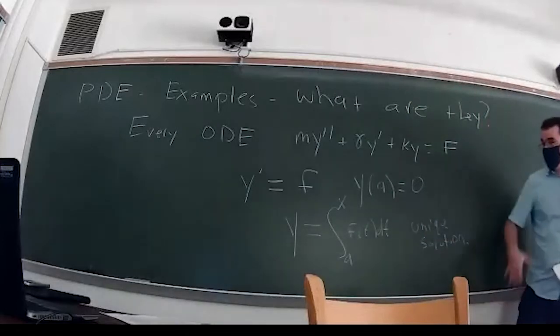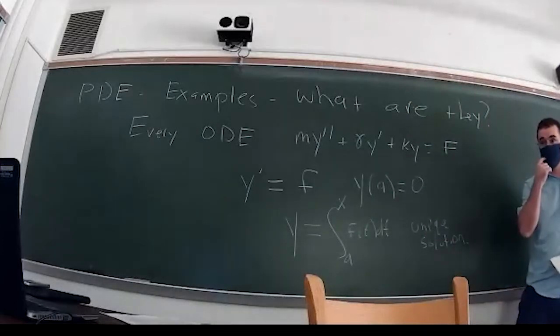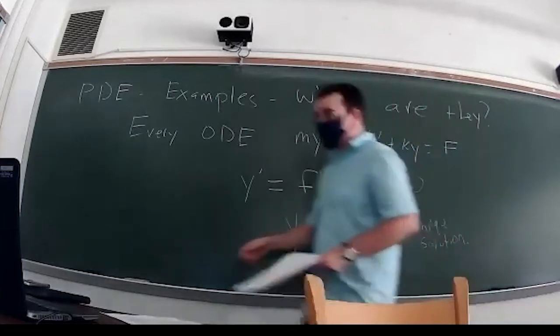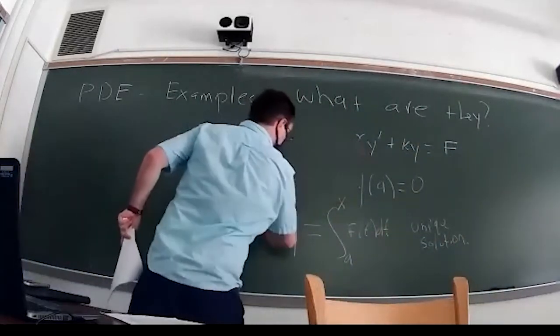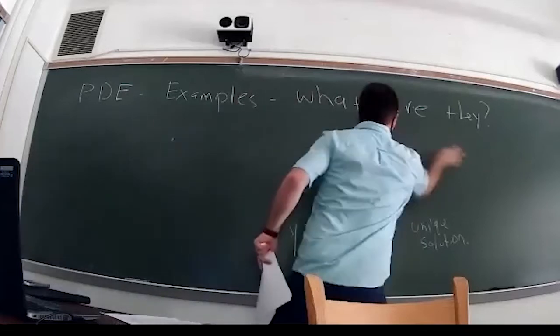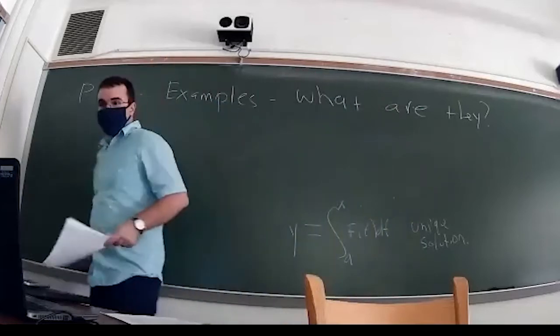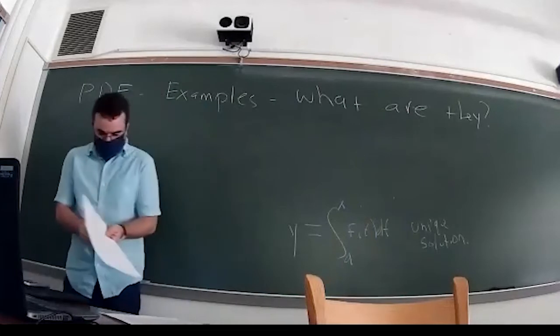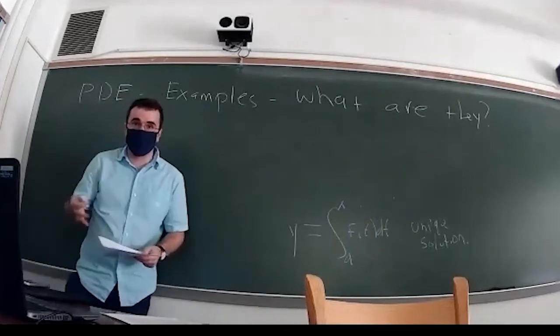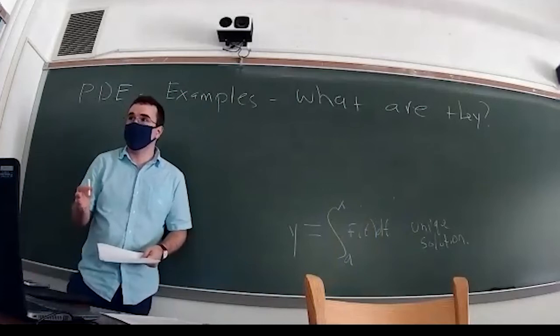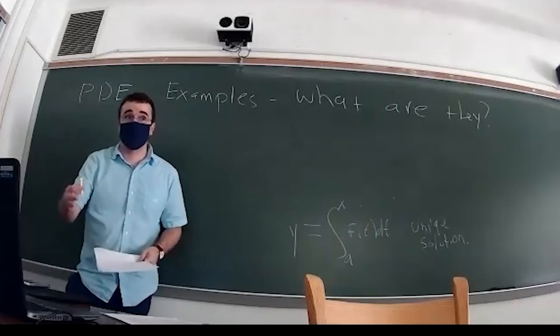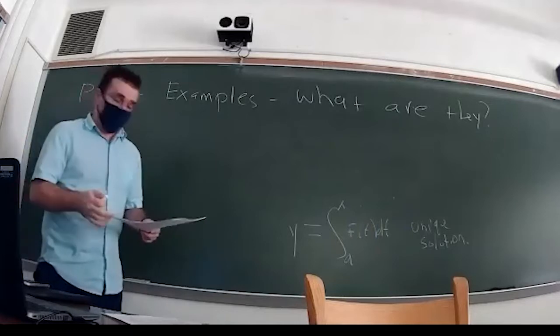Okay, let me give you an example of something that you will see. So here's an example of a PDE. I'll describe the problem and then afterwards write down the equation. So here we go.